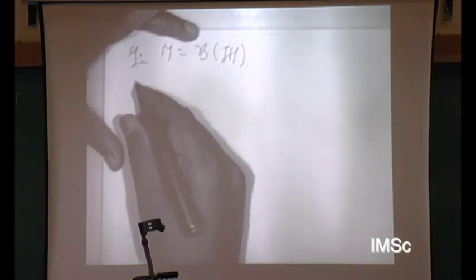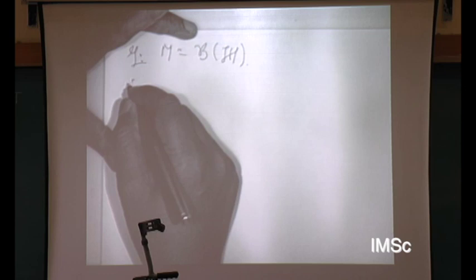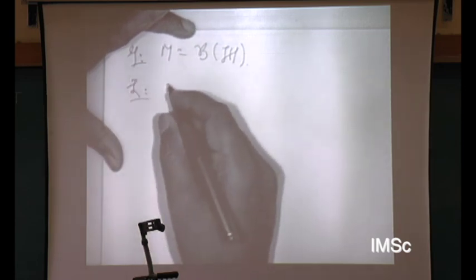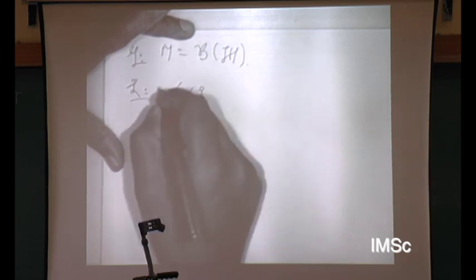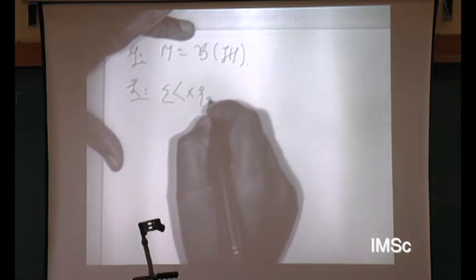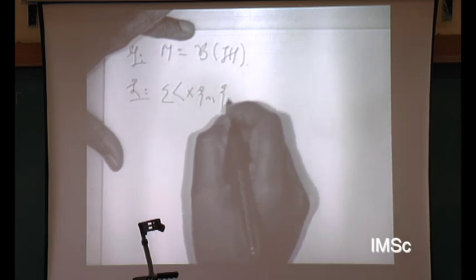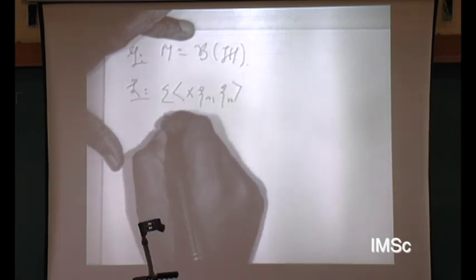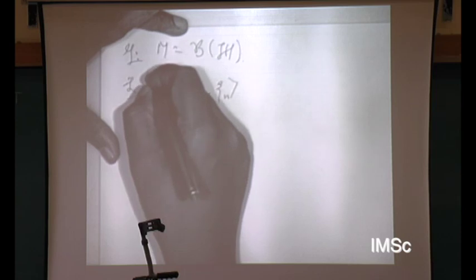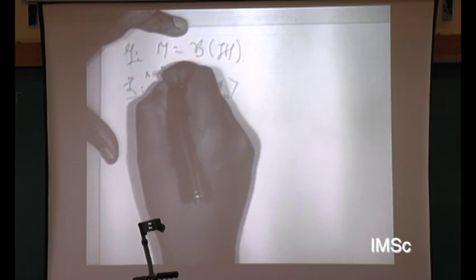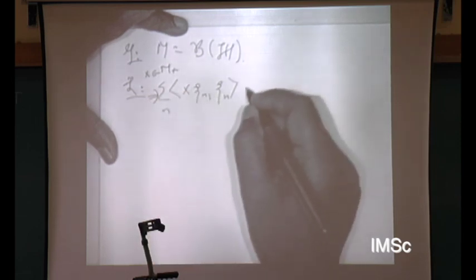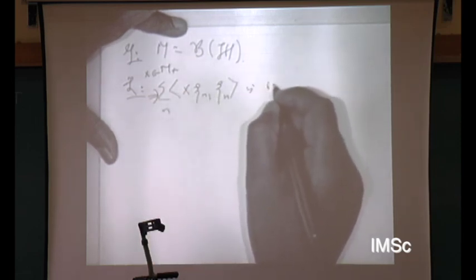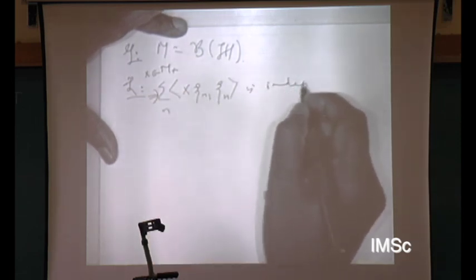So I want to observe that for x in M plus, the sum of (x xi_n, xi_n) is independent of the basis.